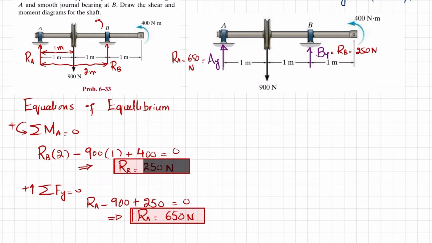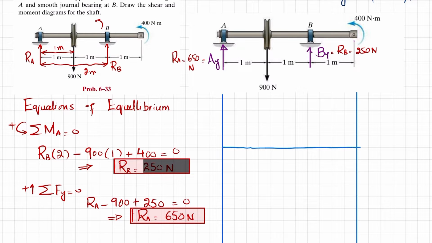For drawing the shear force diagram, first of all we will draw vertical lines from the ends of the beam. The length between these two vertical lines is the length of the given beam. This is the x direction where you take the length in meters, and V is the shear force in Newtons.